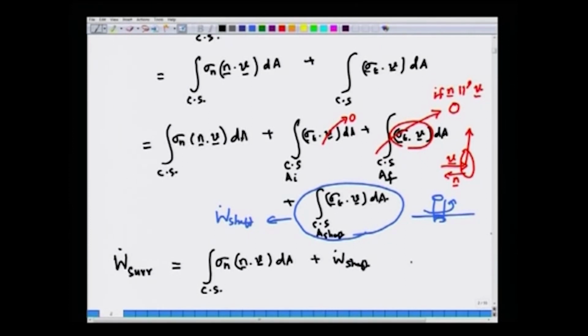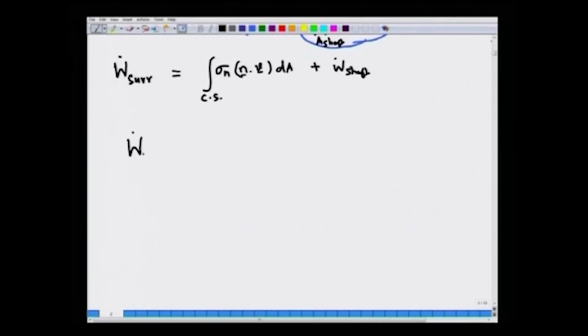But the quantity we are interested in is the rate at which work is done by the CV on the surroundings, which is minus integral over CS sigma n dot V dA minus W shaft, being the negative of the previous expression.